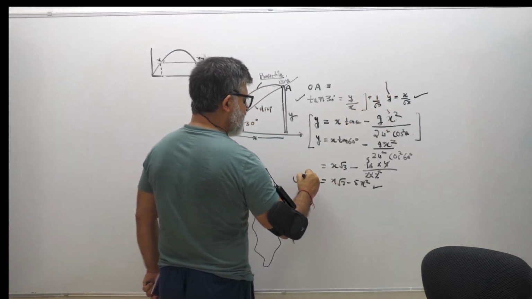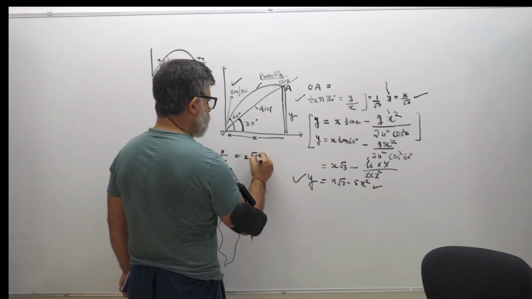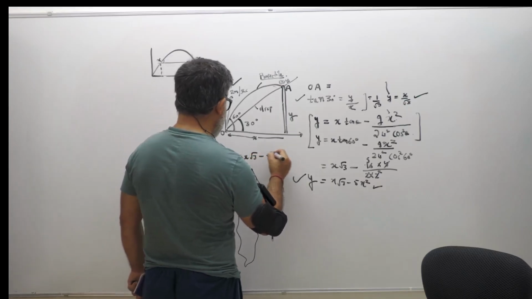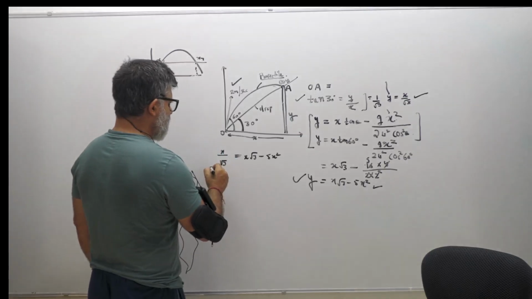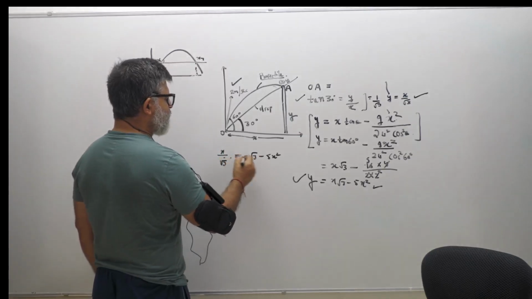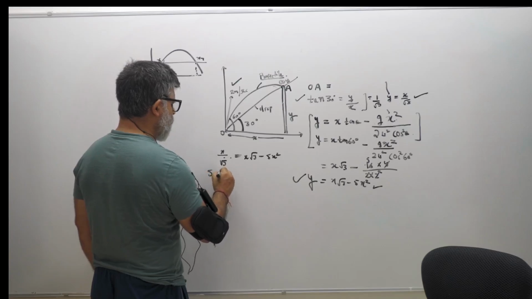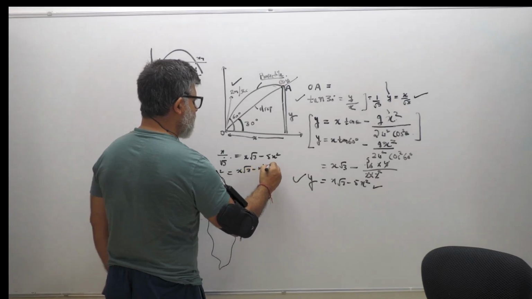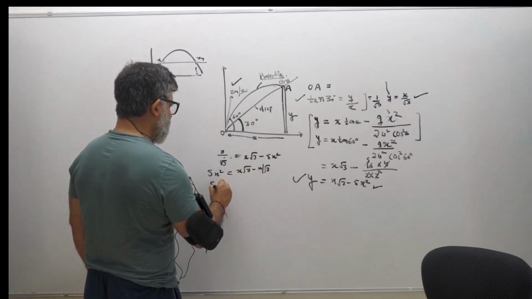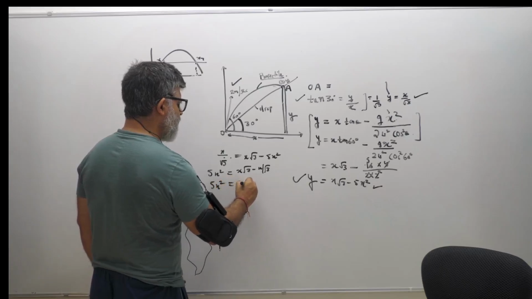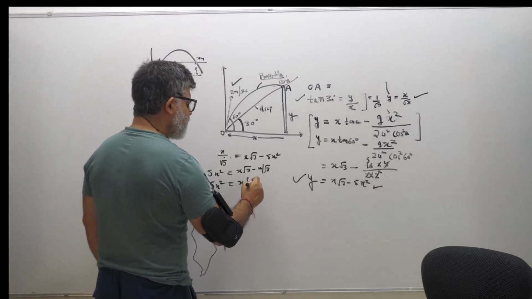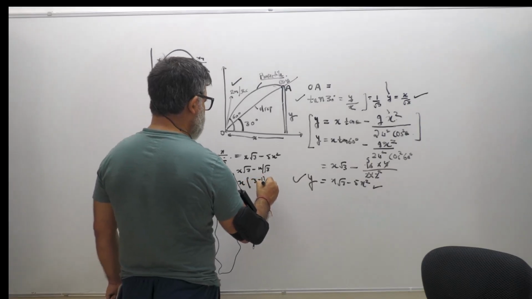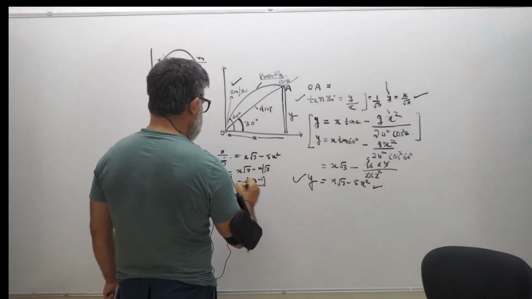This gets x root 3 minus 5x square, right? If I collect both of these, I'll get 5x square is equal to x root 3 minus x by root 3. So 5x square is equal to x times (root 3 minus 1 upon root 3).